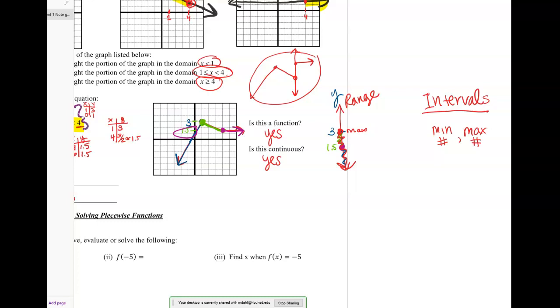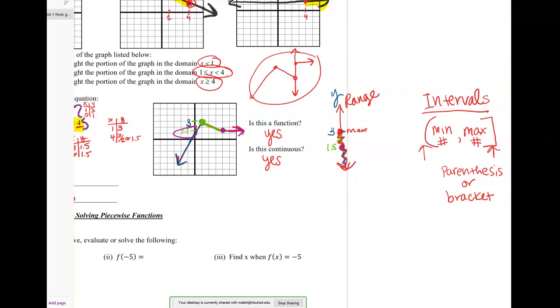But then I have to know if I'm allowed to be equal to 1 or not, and if I'm allowed to be equal to 4 or not. So these are surrounded by some sort of parentheses or brackets, and I'll show you what they look like. You could be using something like this, or you could be using something like this. And it could be a mix of the two. There could be 2 brackets, there could be 2 parentheses, there could be one of this and one of this in either way. So how do we know?